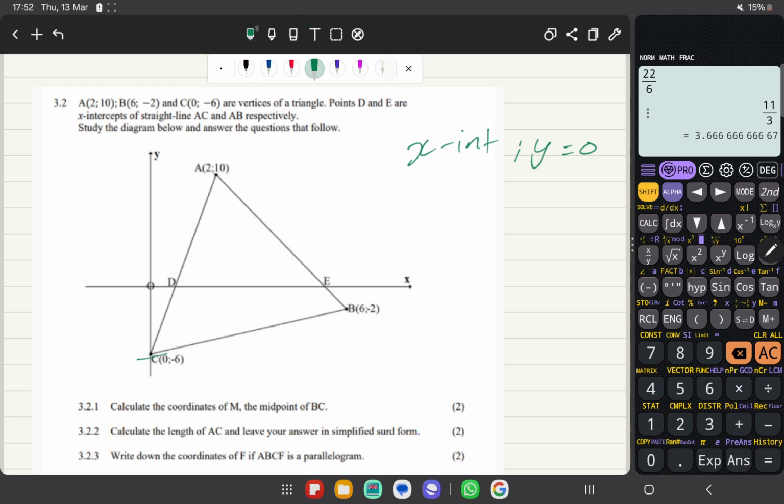They're just telling the x-intercepts for the lines, respectively. So study the diagram below and answer the questions that follow.